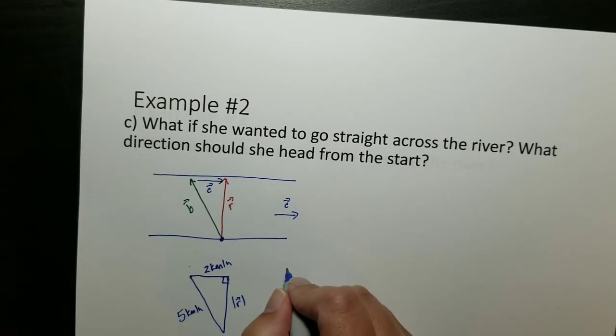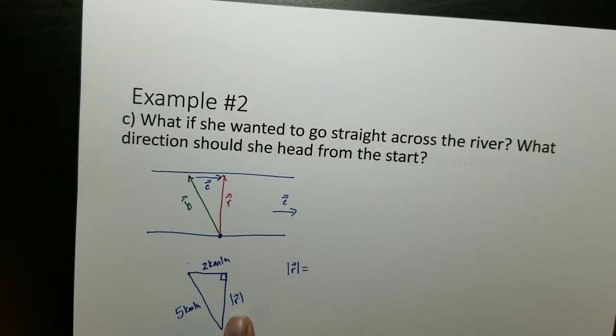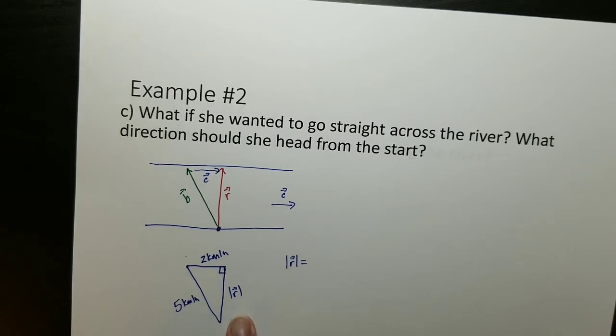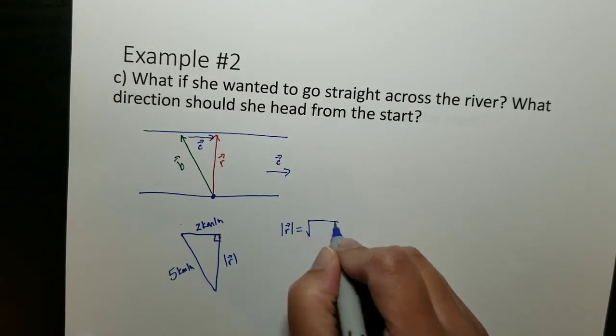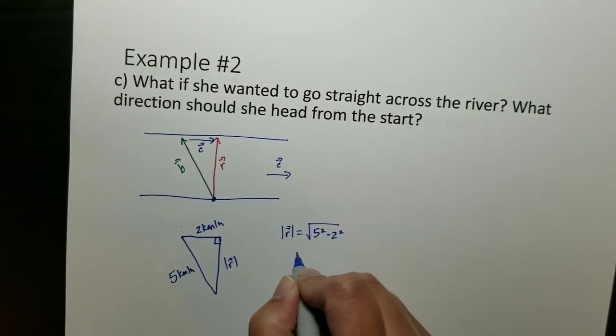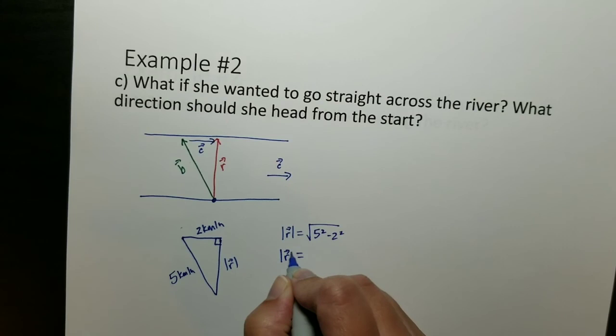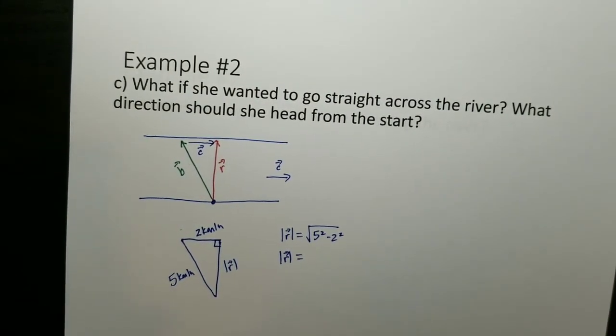Here, the magnitude of the resultant is now not the hypotenuse. The resultant is on one of the legs of that right angle triangle. So it's the square root of 5 squared minus 2 squared. So the resultant is the square root of 21, not 29.